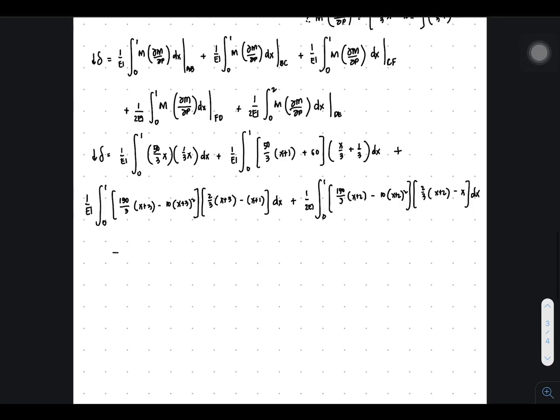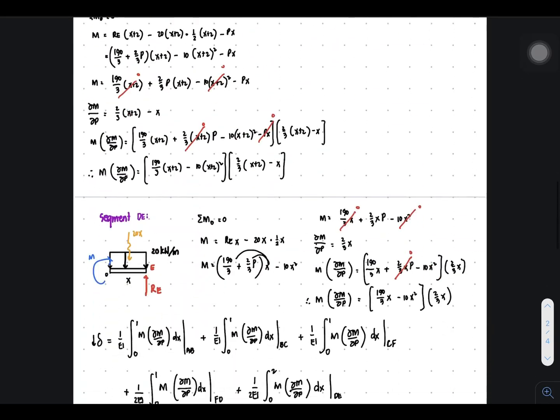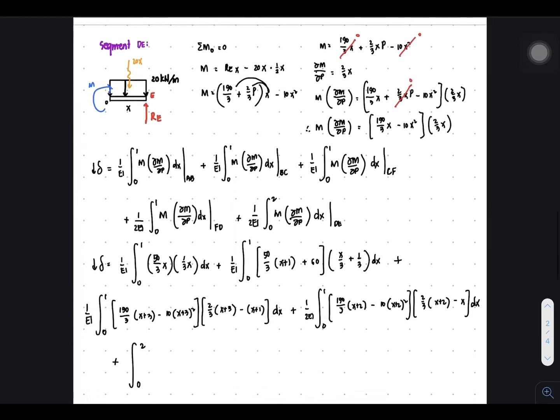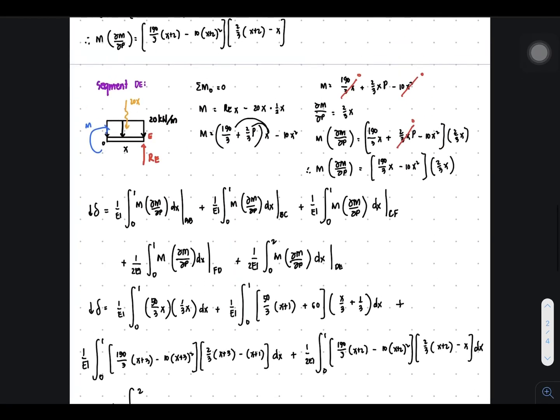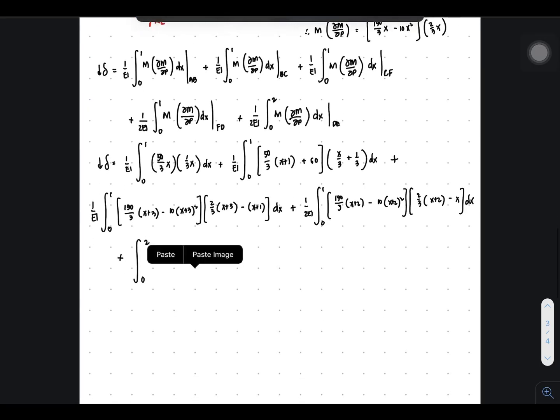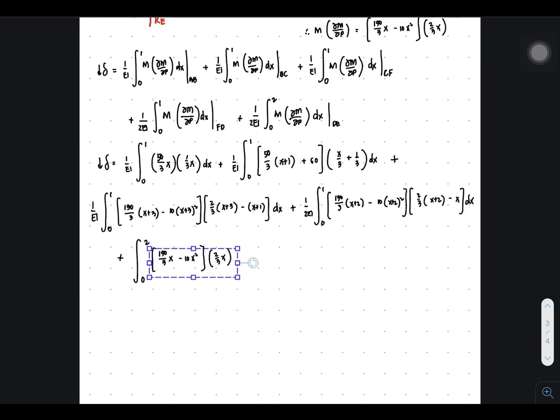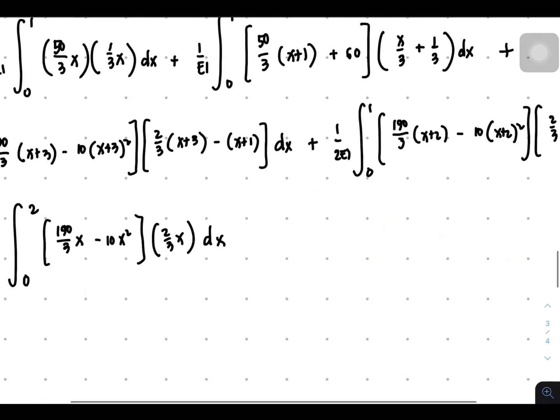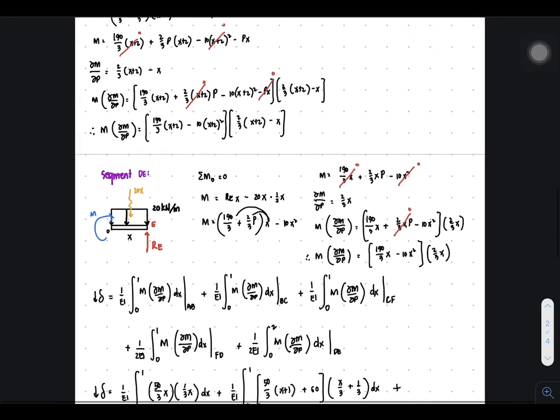And then lastly, plus the integral. So this is from 0 to 2. So where is the segment? Here. This is the segment. And paste it here. dx. Okay.